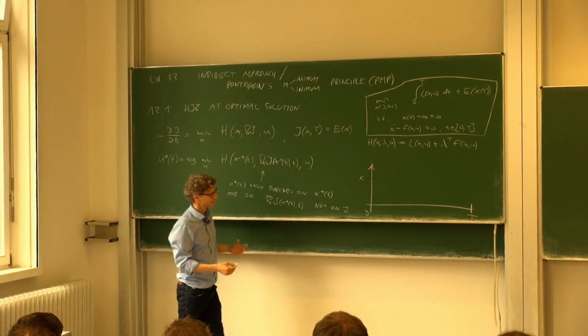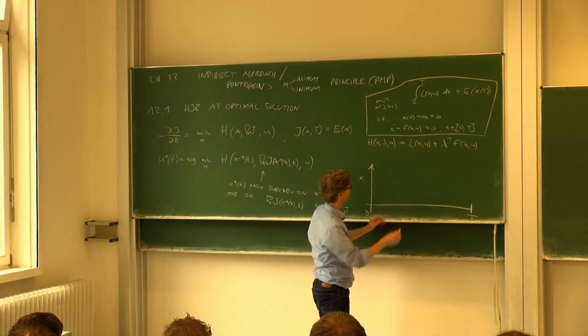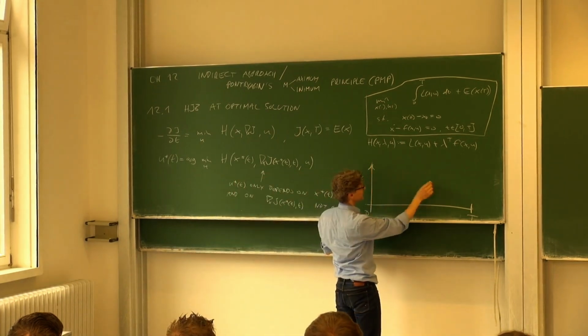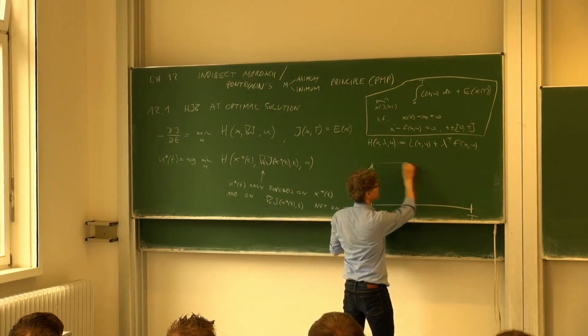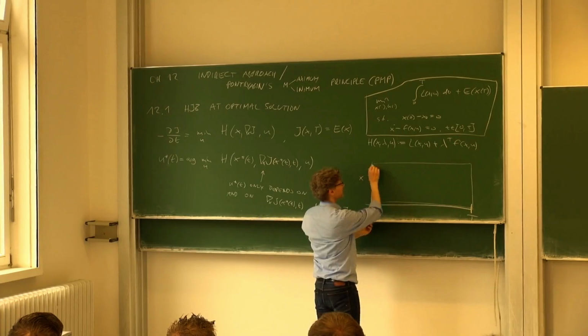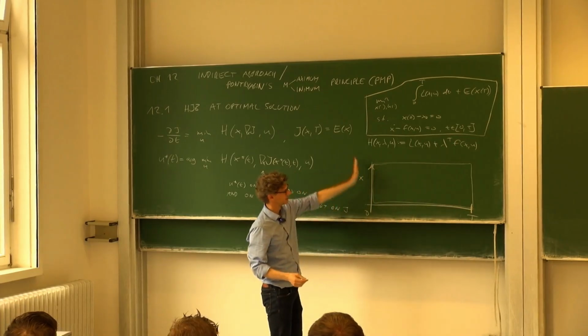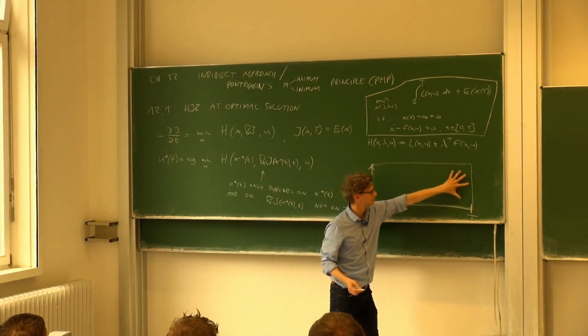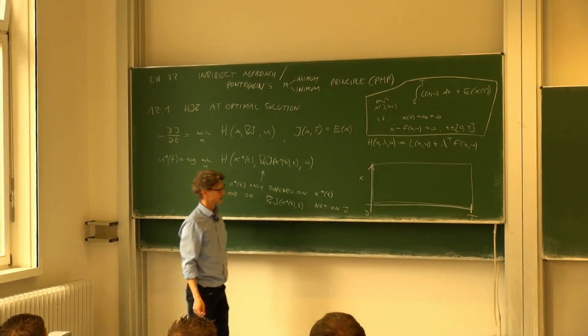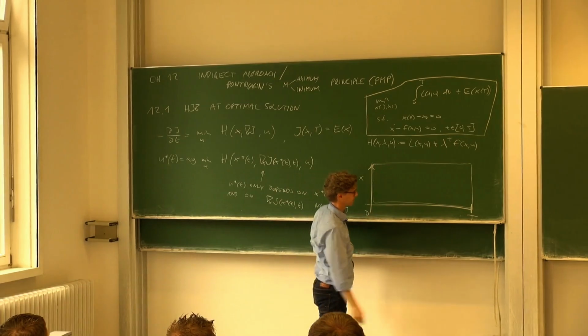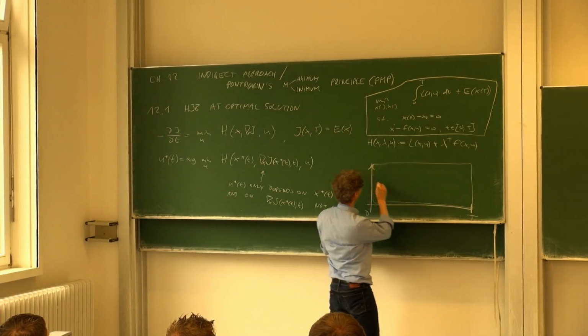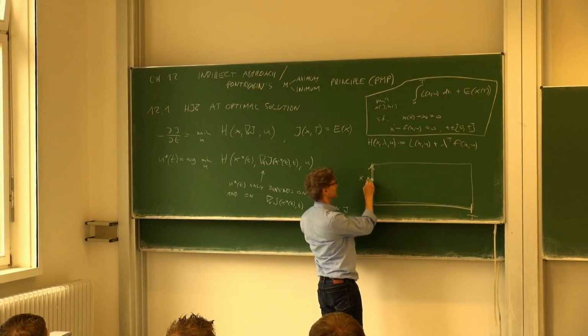And if you think of the Hamilton-Jacobi-Bellman equation, it's basically describing a function J that lives in this space. Maybe it's not exactly the true picture because x might not be bounded, but basically on this domain we need to know the function J as in the third dimension. And at the very end we will have an initial value, for example this one.